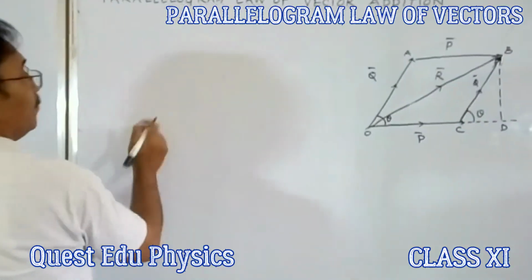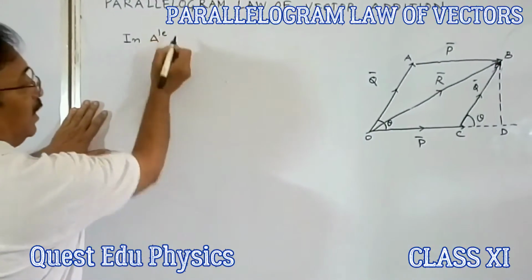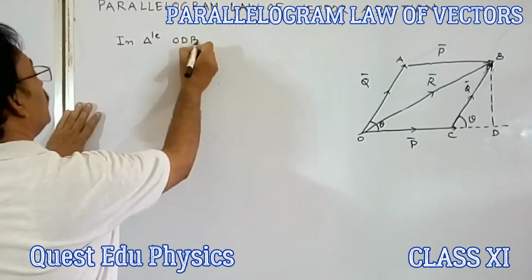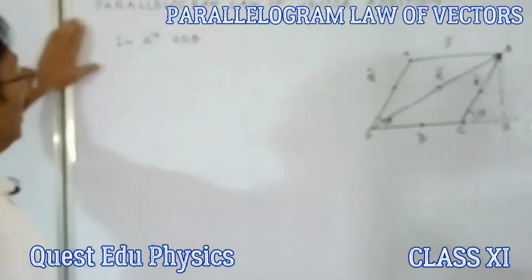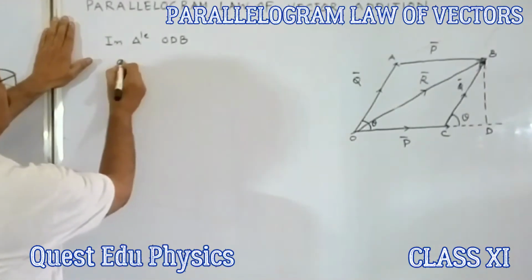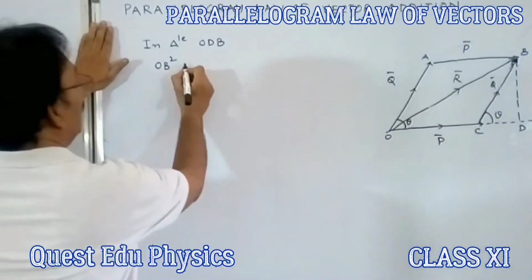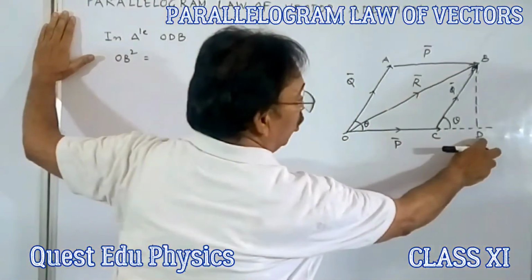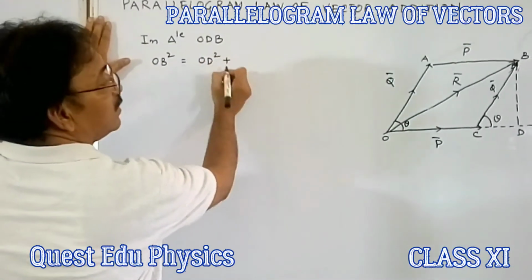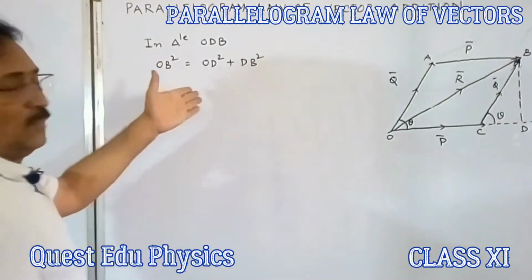In triangle ODB, according to the Pythagoras principle, what I have to write? OB squared is equal to OD squared plus DB squared.